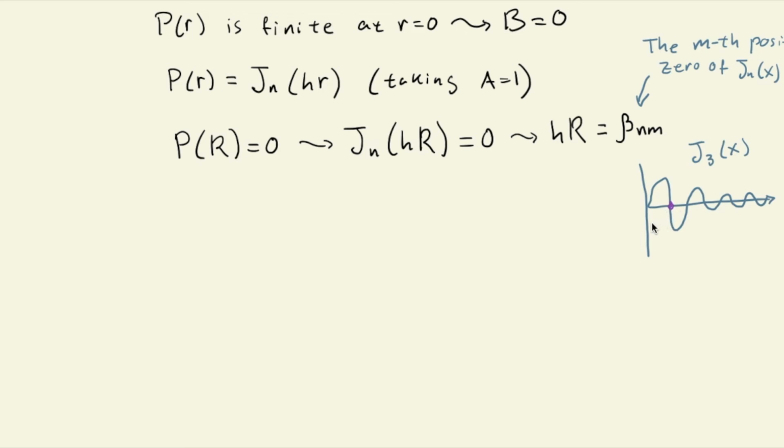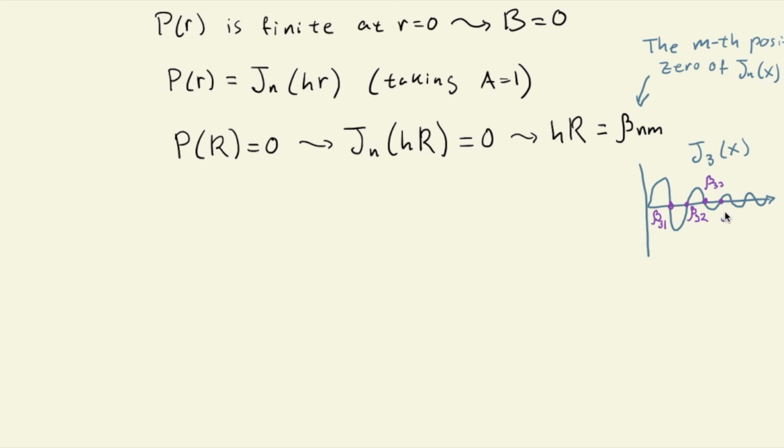That's what we're going to call beta_3,1. It's the first zero of J_3(x). I'm just explaining what the notation means with the two numbers here. So this is the second zero of J_3, the number that we would denote by beta_3,2. This one is the third zero, beta_3,3, third zero of the third Bessel function.